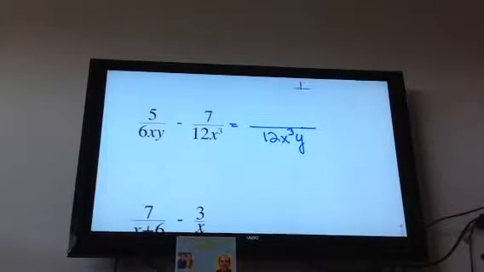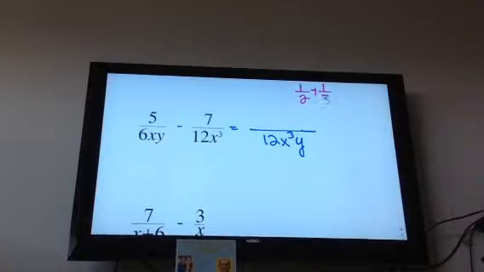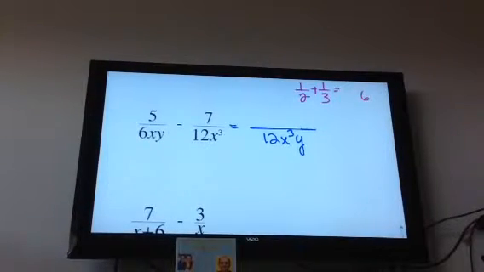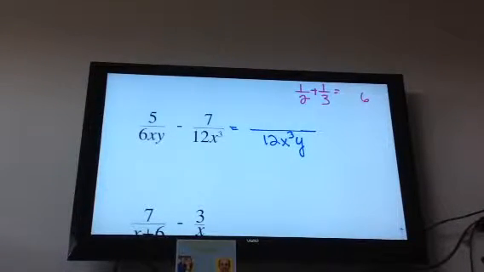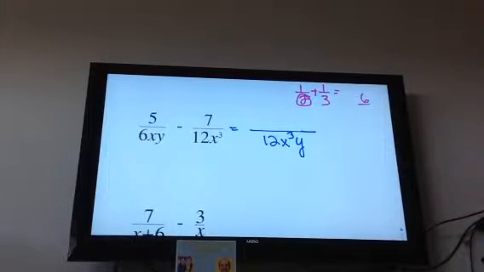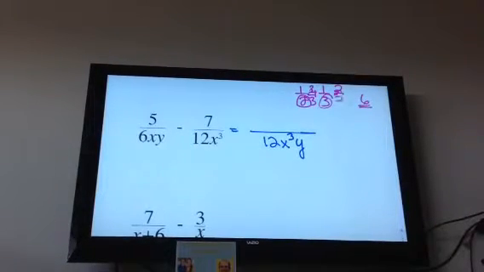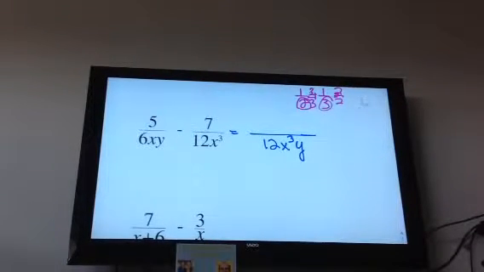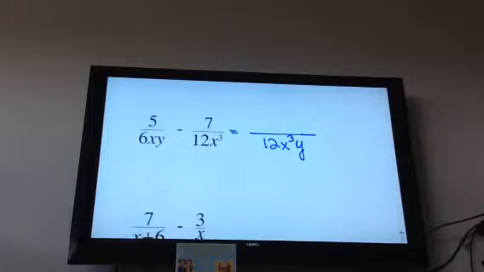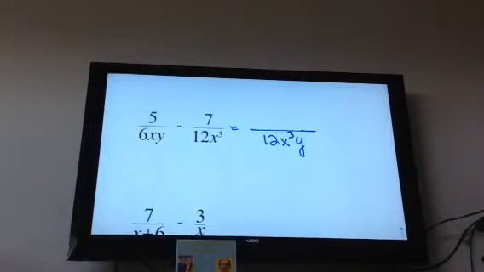Let's say I'm adding 1/2 and 1/3, and my common denominator is 6. I would be going, what do I multiply 2 by to make it 6, to make it my LCD? I multiply it by 3. And what do I multiply the other by? I multiply by 2. I'm doing that same process you do with regular numbers, except that I have more there. Okay, I have letters now.